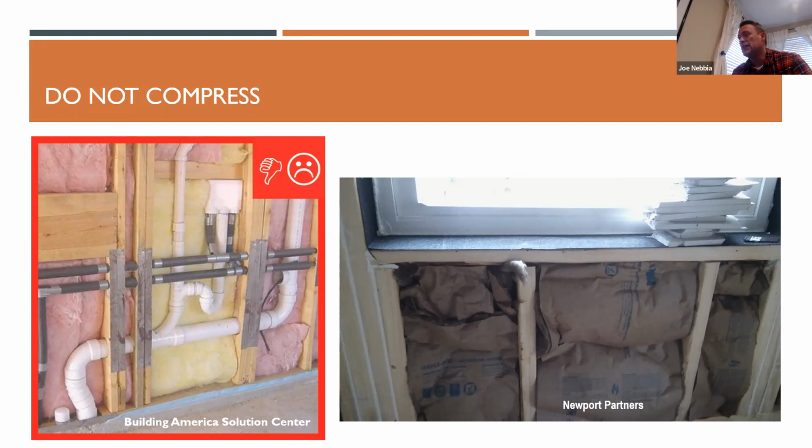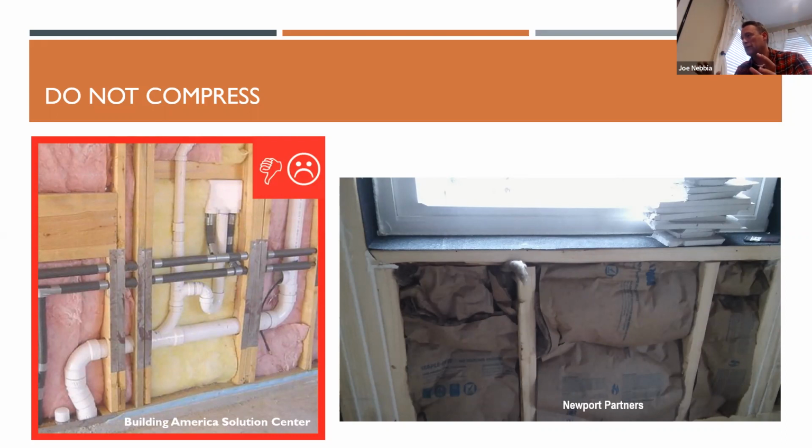On the right, you'll see a picture where this is a friction fit batt. So friction fit batt doesn't have the tabs on the side. It's just very slightly wider than the cavity width, and it's installed, and it just kind of holds itself there. But unfortunately, in this case, they actually didn't cut them to the right length or height.